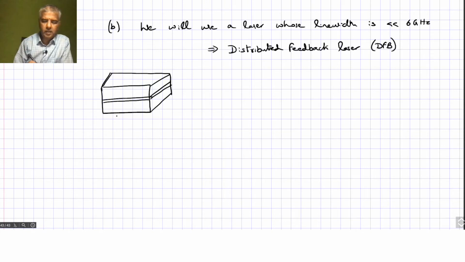Now, the only thing we have in a DFB laser is that you have some periodic corrugation near the active region, such that it provides distributed feedback all along the length of the laser, and that is what gives us emission.